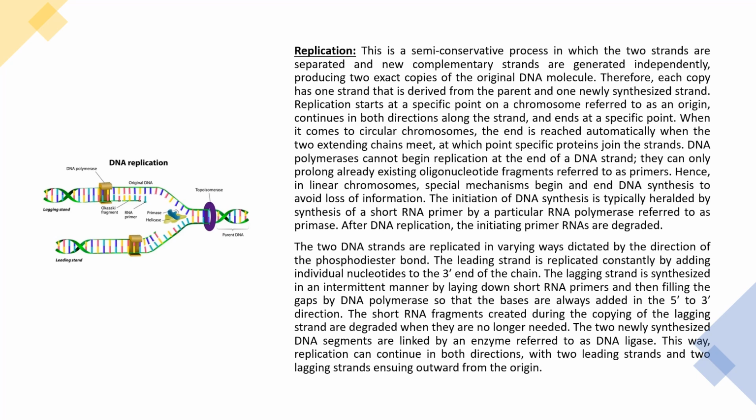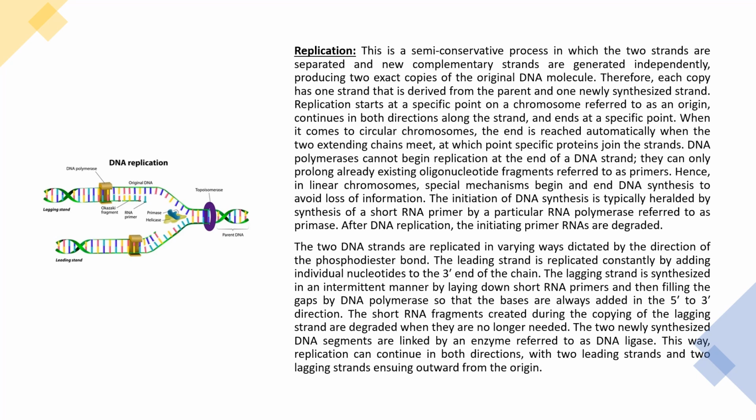Replication. This is a semi-conservative process in which the two strands are separated and new complementary strands are generated independently, producing two exact copies of the original DNA molecule. Therefore, each copy has one strand that is derived from the parent and one newly synthesized strand.